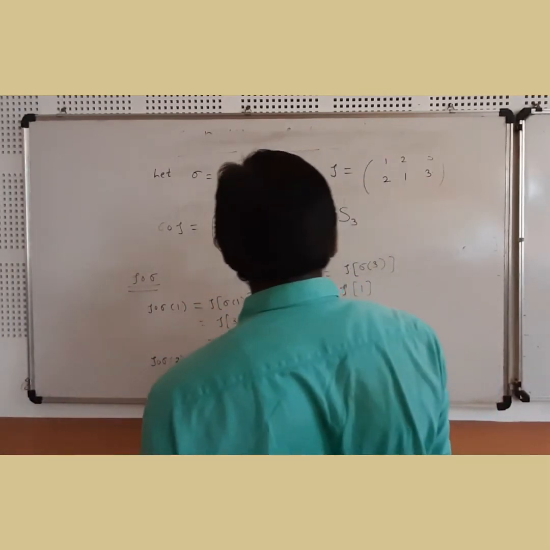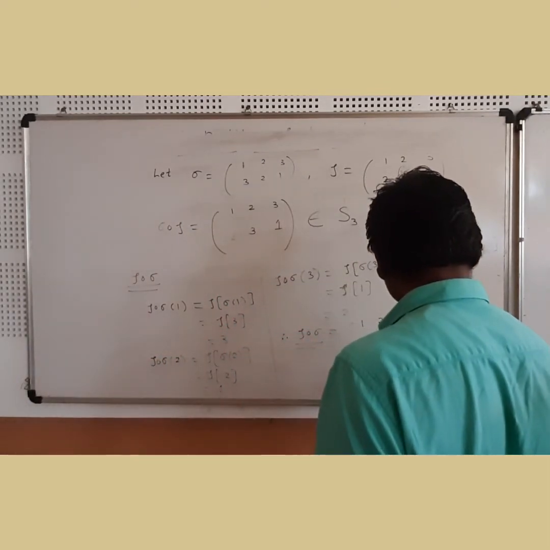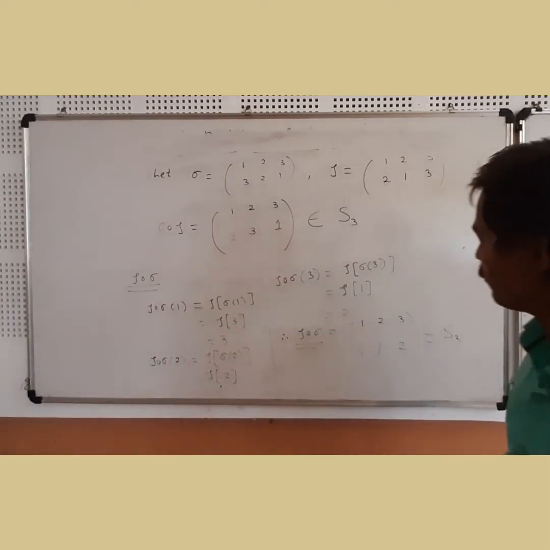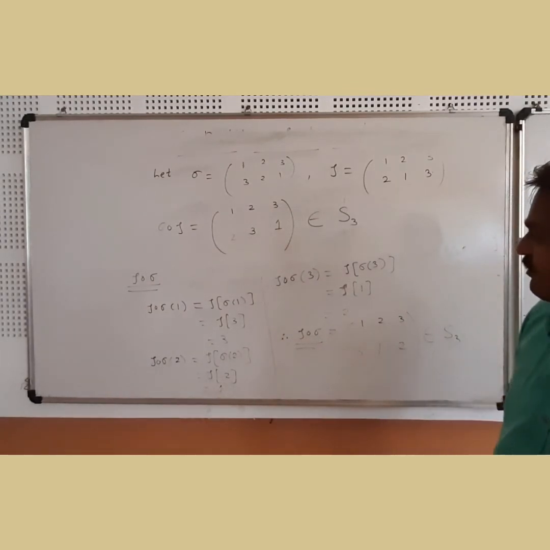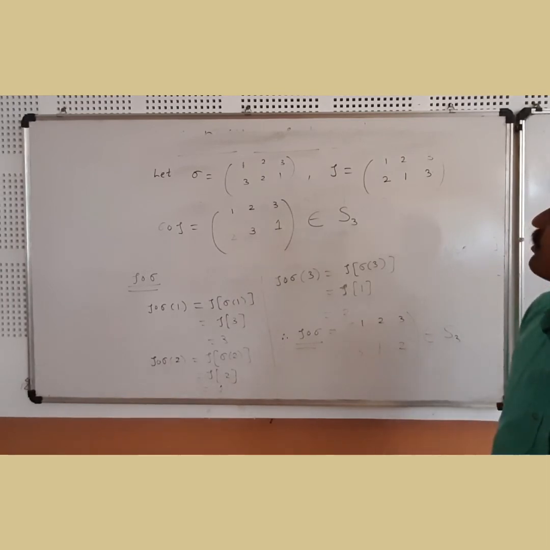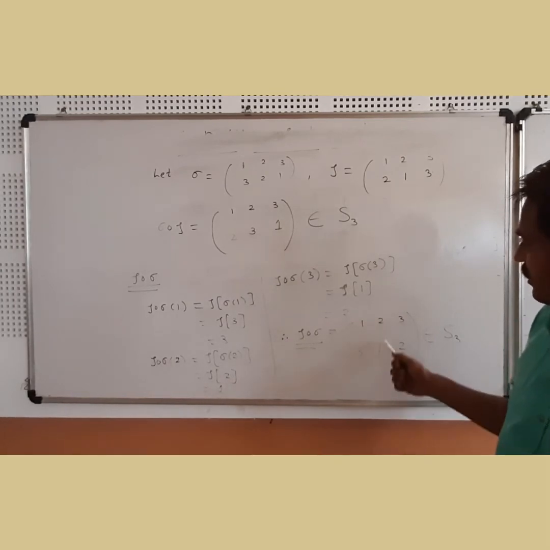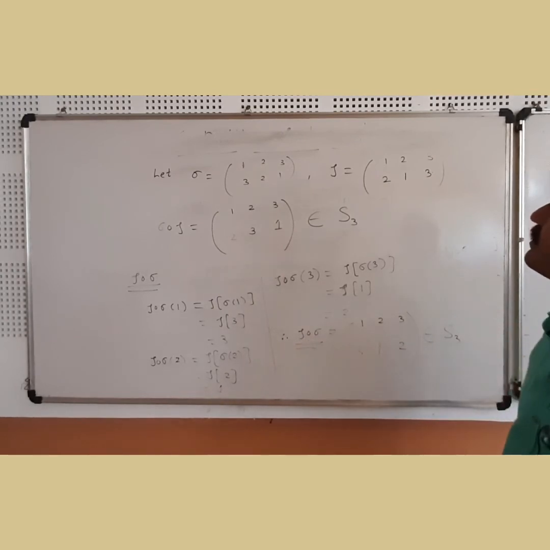This is tau circle sigma. This again belongs to S3 because this is a permutation on 3 symbols. This is a permutation because it is a one-one and onto function. So composition of two permutations is again a permutation.